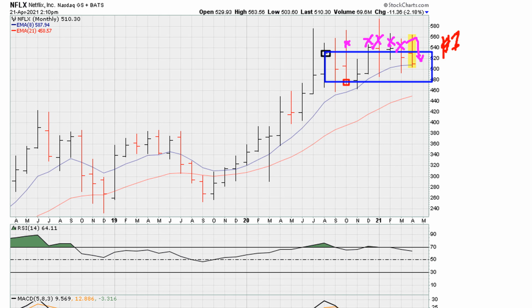But that's what we are on the lookout for down the road. A break below this area here, or a break below the box. Let's call it about the 480 price level, which is this area here. That in itself would be a sell signal. That would be the second wrong.